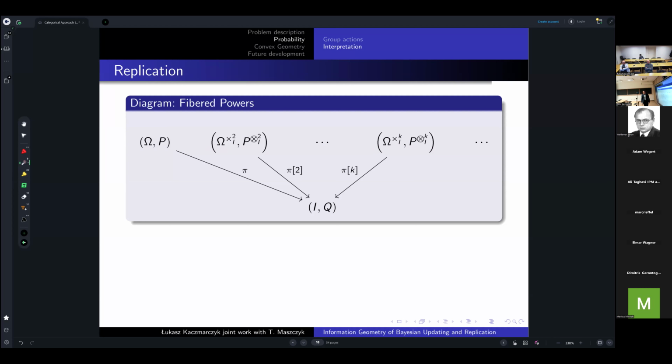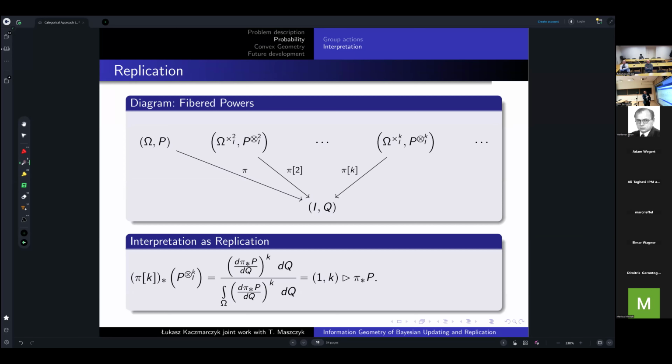And what is the most important part is that taking a direct image from each of the spaces would yield, in general, different measures. If it yields the same, then this is some special property, which is really, really interesting.